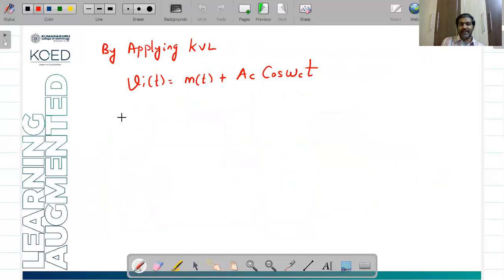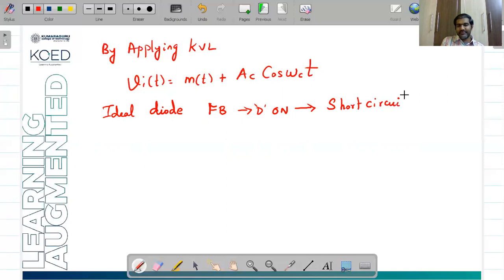So for an ideal diode, when it is forward biased, the diode is on and it acts as a short circuit. During reverse bias, the diode is off and it acts as an open circuit.